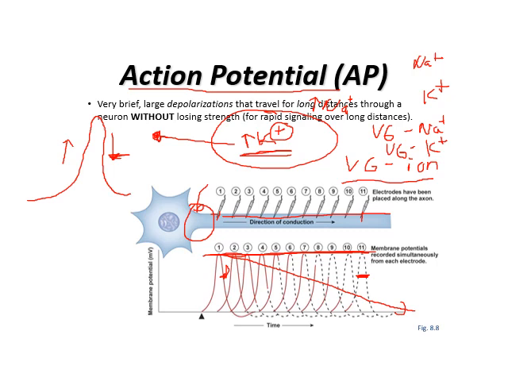The opposite end: our sodium is high outside and low inside. When my voltage gated sodium channels open up, what's going to happen? Sodium's going to rush in, and what is it bringing with it? Its positive charge. If I'm adding positive to this negative environment, I'm going to make it less negative, which you see here with the depolarization. So we can already associate which ions are involved with these different parts of the action potential: sodium here, potassium over on this side.